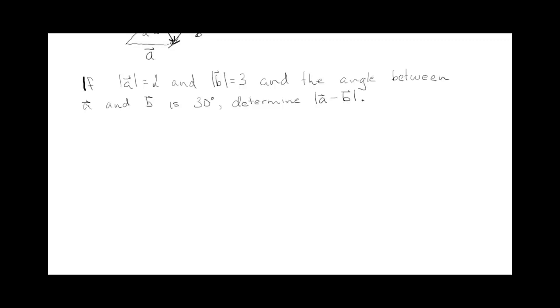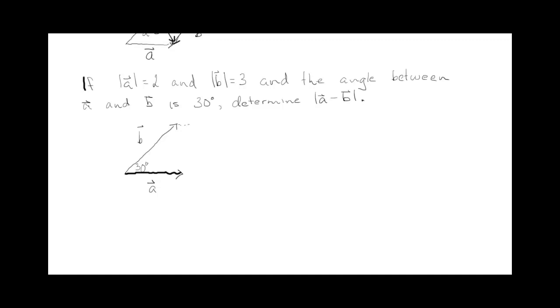So here's an example where we're going to look at vector subtraction. This is a similar question to the one we did when we looked at vector addition. You have two vectors a and b. The angle between them is 30 degrees, so I'll draw that. So here's a, here's b. The angle between them is 30 degrees.